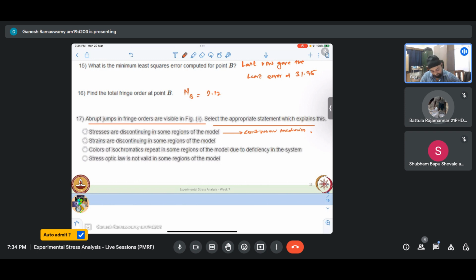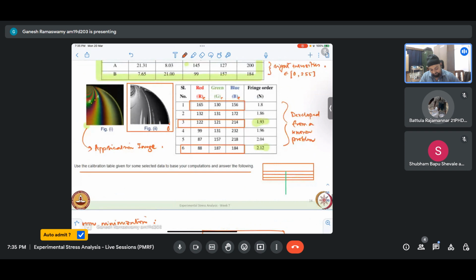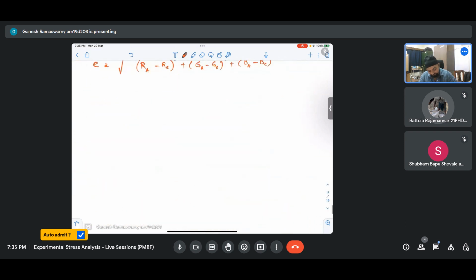Colors of isochromatics repeat in some regions of the model due to deficiency in the system. Yes, exactly. What happens is basically, essentially RGB values, if you were to plot and see them, these are nothing but sinusoidal variations.